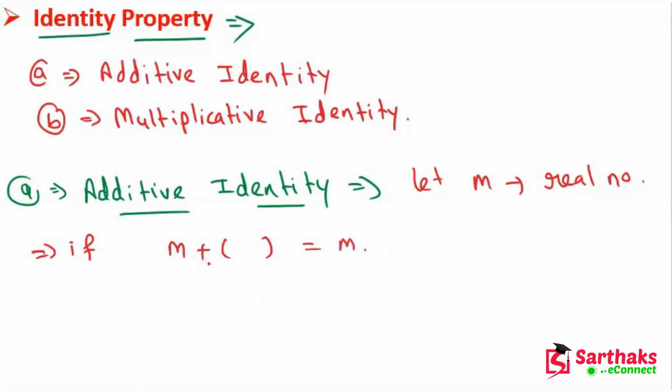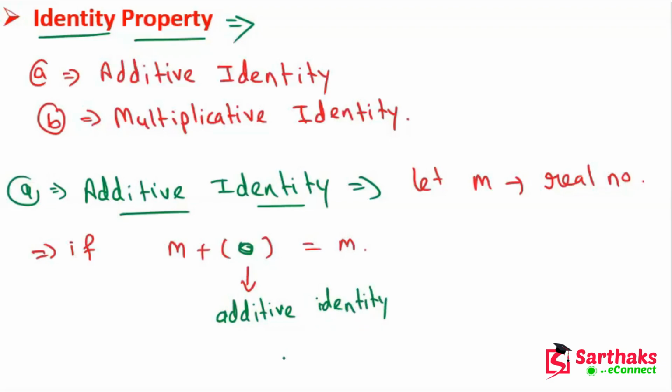If we add 0 to m, we get the same number m. So we can say that 0 is the additive identity.